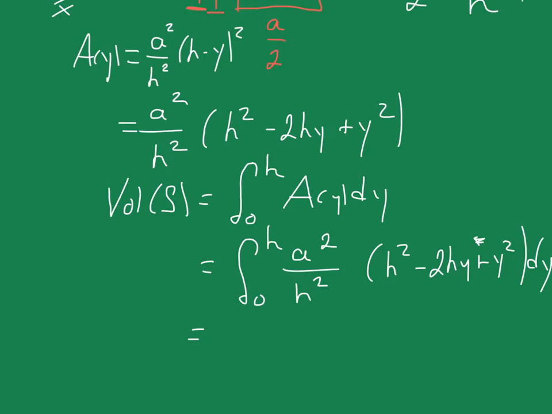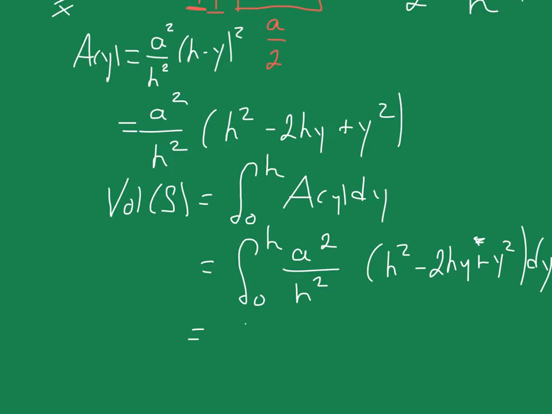Well, remember, the a here and the h, these are constants, right? So this was the length of our square base, and this was the height of our pyramid. These are constants. y is the only thing that we're integrating with respect to, so we treat these all like constants. So what do we have when we take our antiderivative?